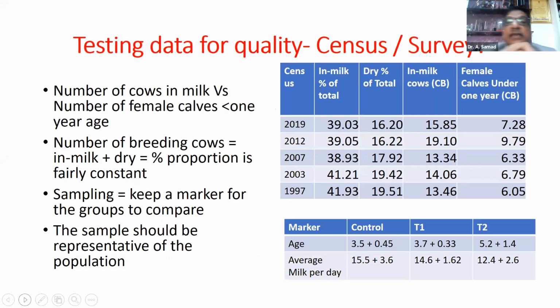Now, how to test data quality? I'm giving you two examples over here, which will tell you whether the data quality is correct or not. These are simple examples, but they are true examples.